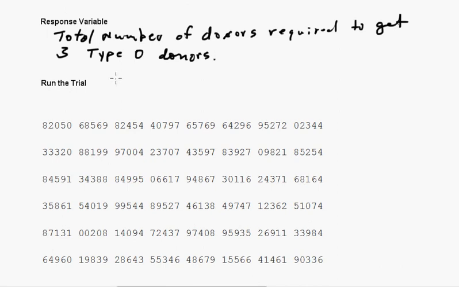For our notation, O means type O, and N means not type O.